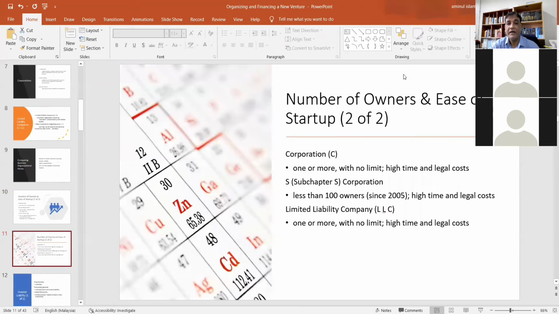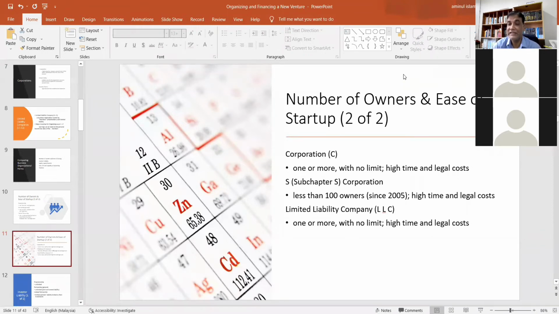Okay, when it comes to ownership of a corporation as well as the ease of startup, a corporation usually has no limit of ownership, right? And it requires high time because you are subject to certain rules and regulations laid down by the Securities and Exchange Commission.